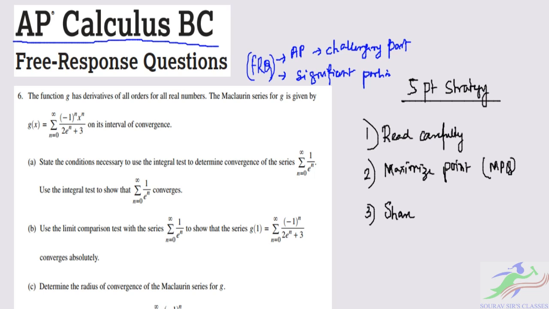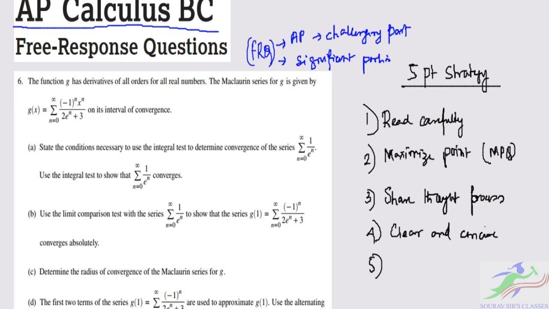Point number 3, you have to share your thought process: what approach you are taking and how you are going to solve this problem. Point number 4 is your clarity and conciseness in solving the problem. And point number 5 is the usage of proper penmanship. So these are the 5-point strategy that I'm talking about.